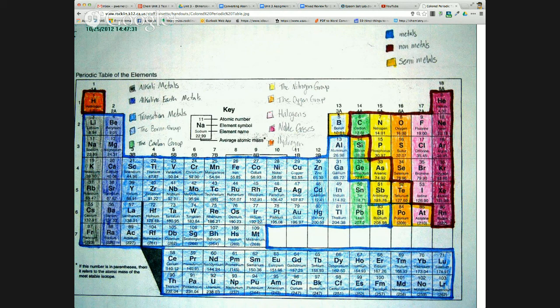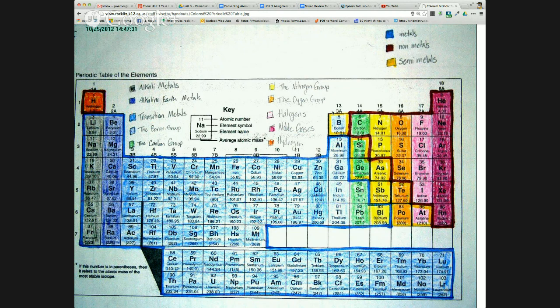You'd say, it has 3, so is it going to lose 3 or gain 5 to get to 8? It's going to lose 3. If you lose negatives, you become more positive. So it's going to be a positive 3 charge. Boron will be a positive 3. Okay, that's how you find that out.